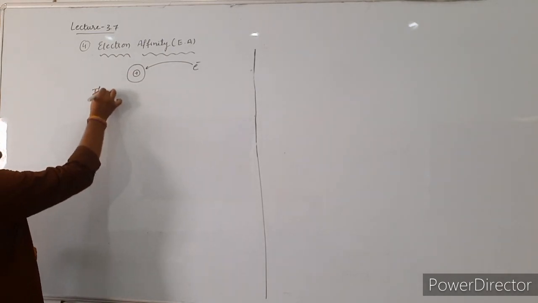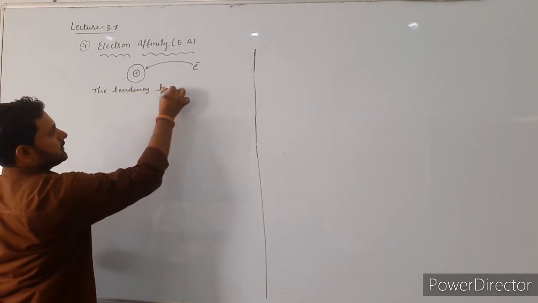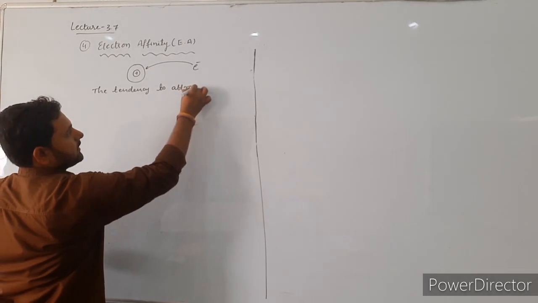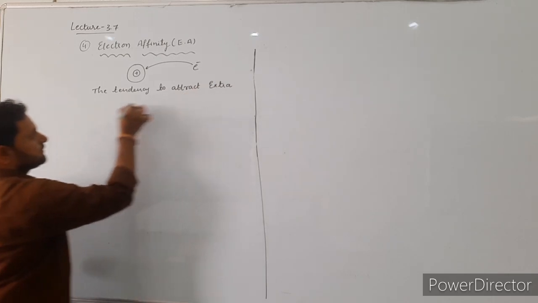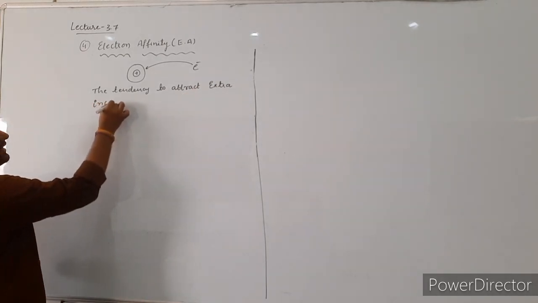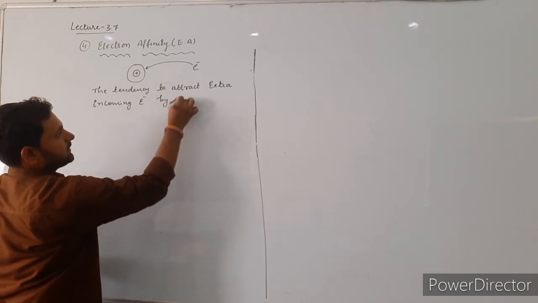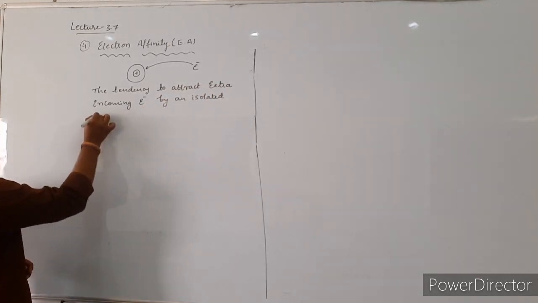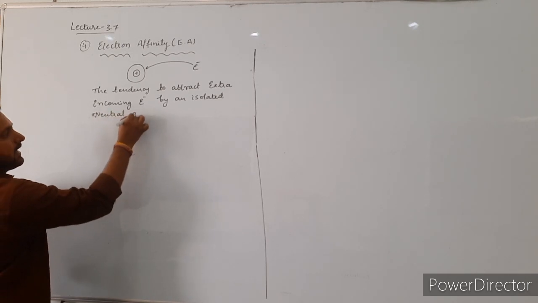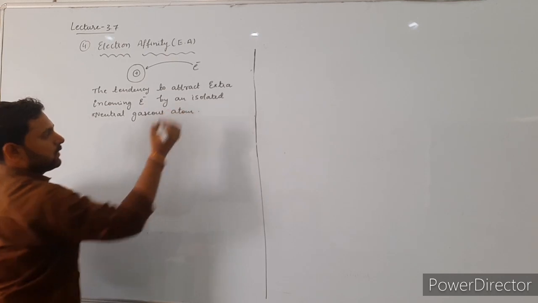The tendency of an isolated neutral gaseous atom to attract an extra incoming electron is called electron affinity.